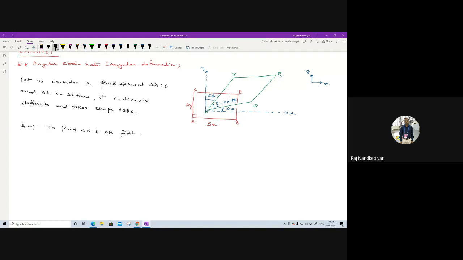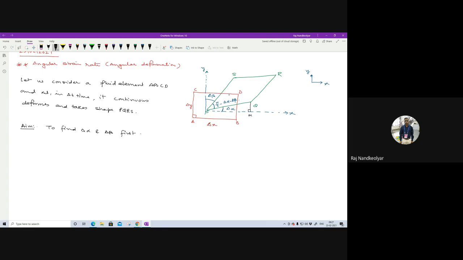Let us draw perpendicular QM on the x-axis. So this is your right angle triangle, and in this triangle PMQ you can find delta alpha.